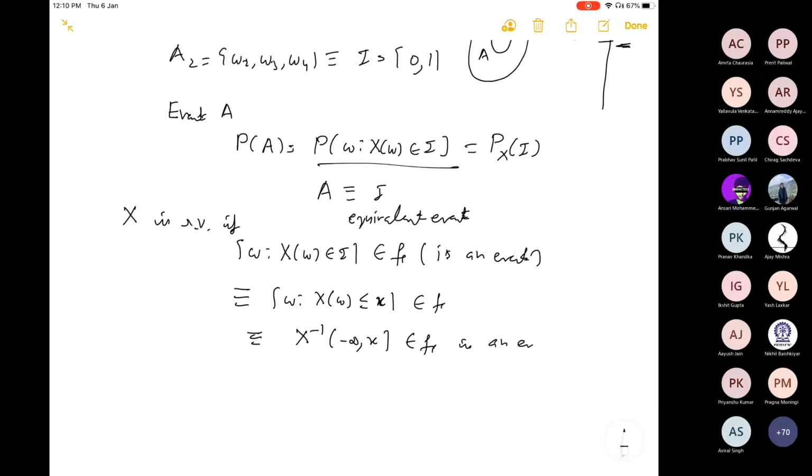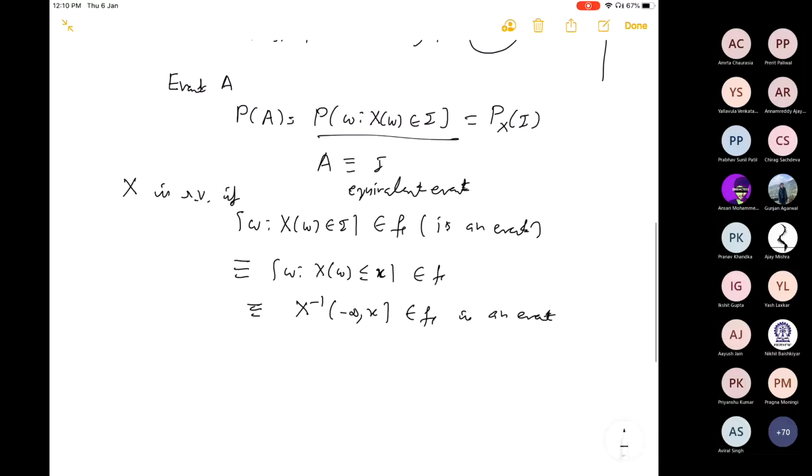That means this set should be an event, then X is a random variable.